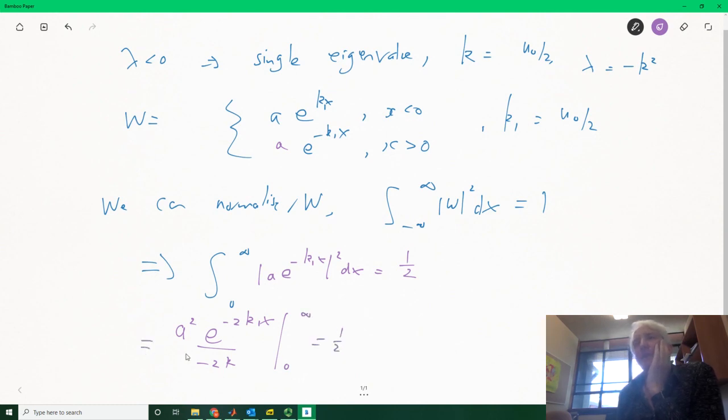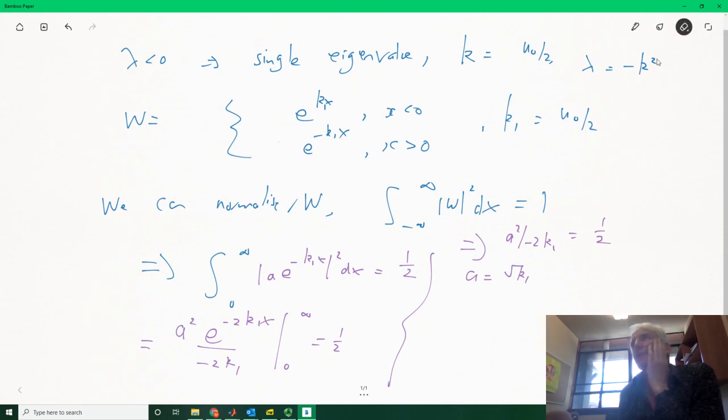Infinity becomes 0, and 0 becomes a squared over minus 2k1, so a squared over 2k1 is a half. So a must be equal to the square root of k1. So that's the final step, to normalize.